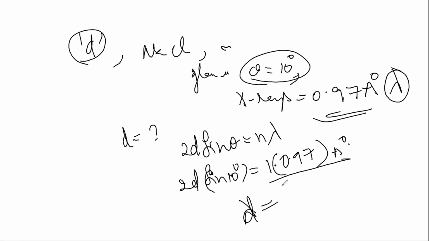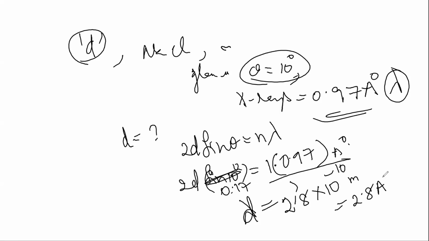Sine 10 is 0.17. I can substitute here. Finally, I'll get D as 2.8 into 10 power minus 10 meter or 2.8 angstroms. By using Bragg's law, 2d sine theta is equal to n lambda, you can calculate. In reverse also you can calculate. They'll ask you what is the wavelength of X-rays when given the d and given theta.